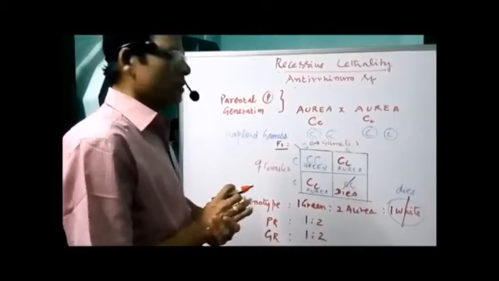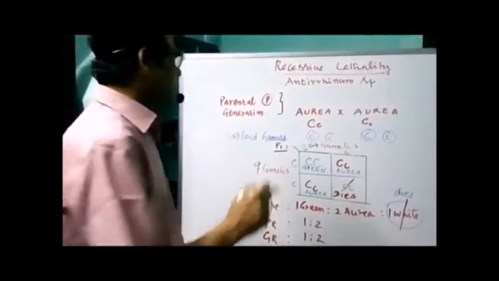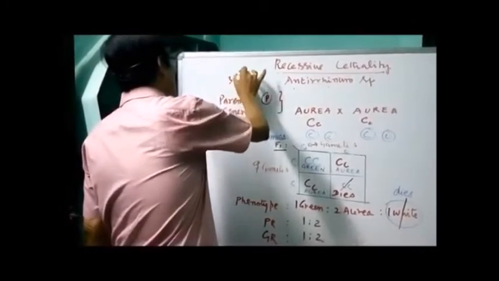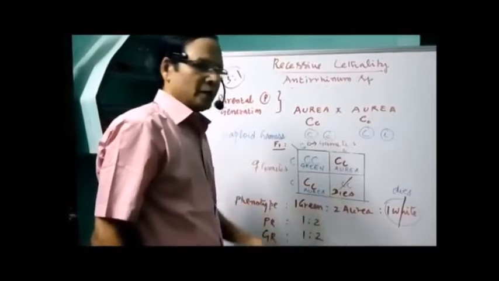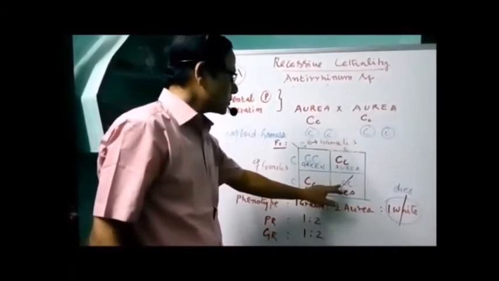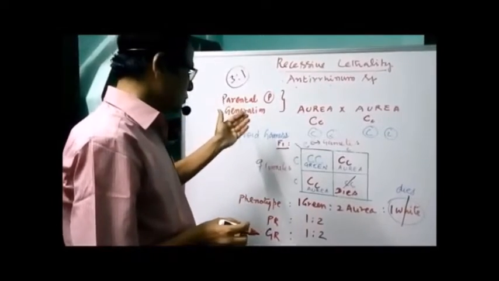As per Mendelian inheritance we would get a 3:1 phenotypic ratio. But here the individual with homozygous recessive dies, so the 3:1 ratio is modified.